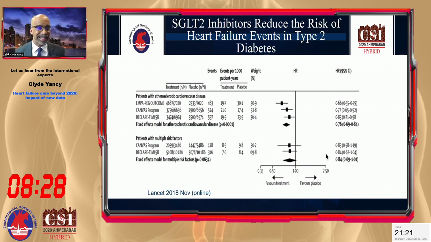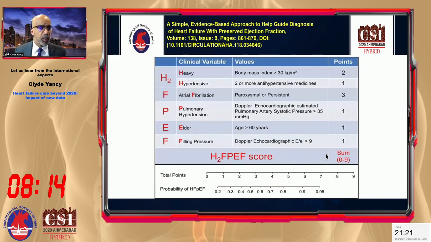So let's not overlook these predicate data now to say that we can prevent heart failure both by targeting the treatment of hypertension in those at high risk and the treatment of diabetes using the SGLT2 inhibitors in those at higher risk. But we can go beyond that.